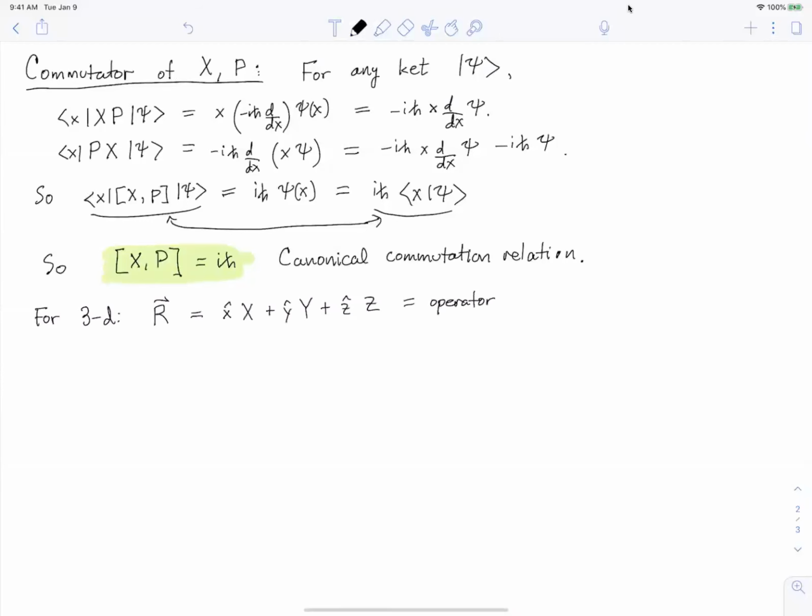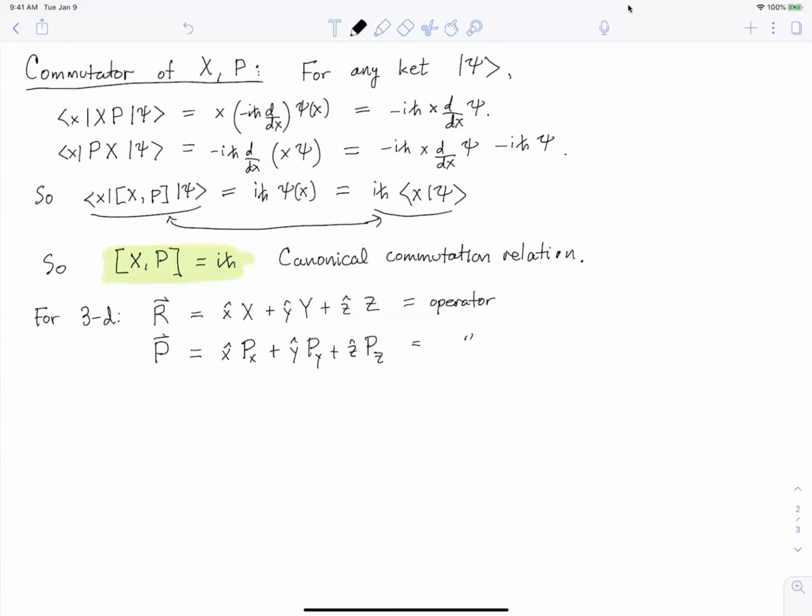Then there's a corresponding momentum operator, capital P, which is x hat p sub x plus y hat p sub y plus z hat p sub z, which is another operator.